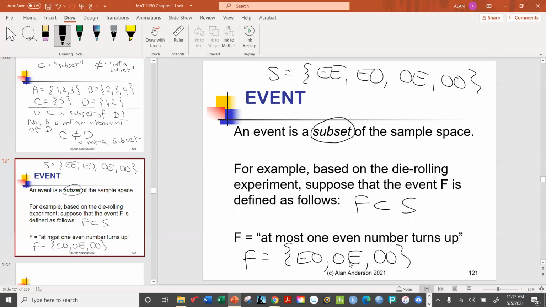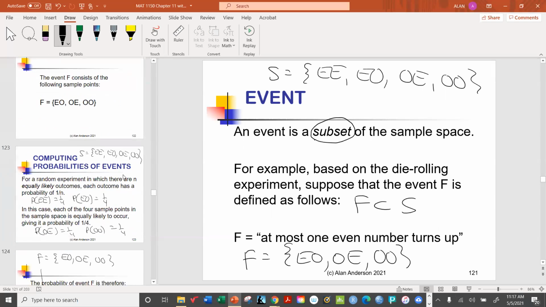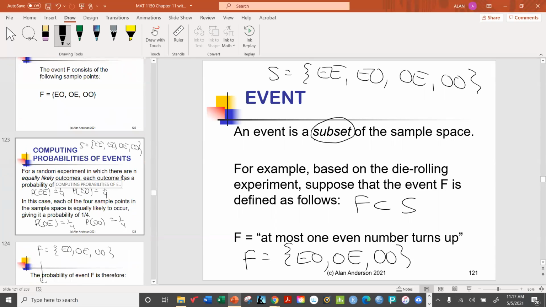Now that's interesting, but what we really care about is calculating probabilities for events. That's our main interest here. All right, so what we're going to do now is try to calculate the probability of F. And there's, again, as usual, a couple of different ways of doing this. So now, first things first, we note that, as I said earlier, each element in S is equally likely to occur.